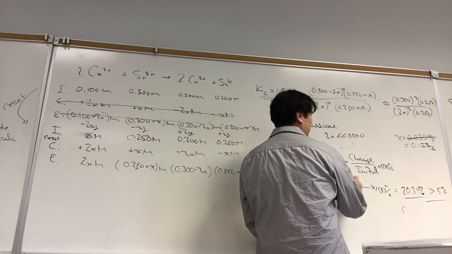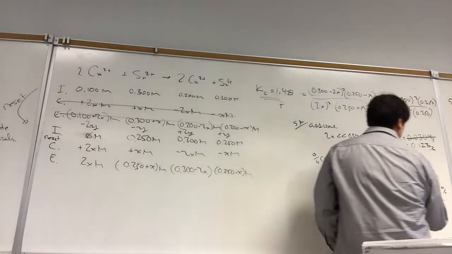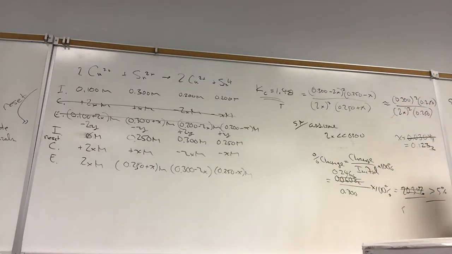We're going to double this. 0.2466, which is going to give us what percentage? 41%. 41% is pretty bad, so we do our first guess at 0.1 and then go on from here.